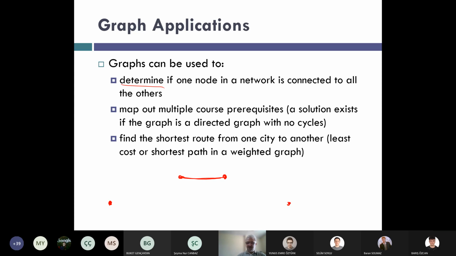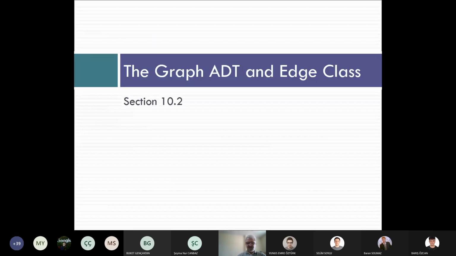Okay. This is another application that we can use with graphs.